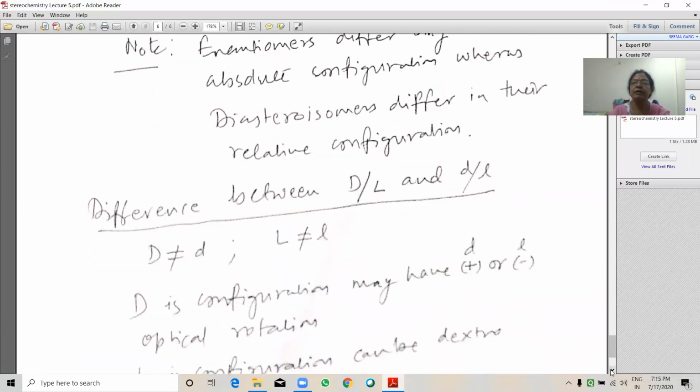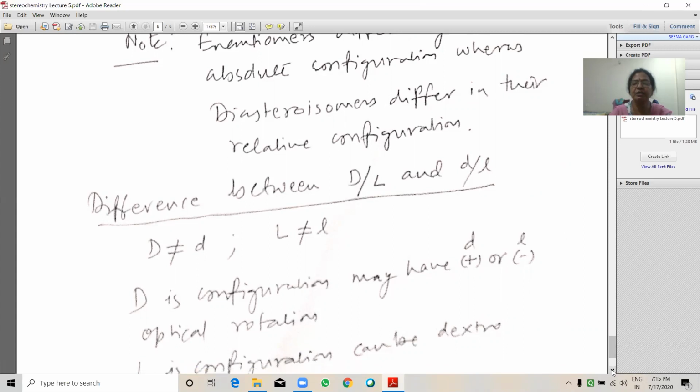Difference between capital D and capital L and small d, small l. Capital D is not equivalent to small d, whereas capital L is not equivalent to small l. A capital D configuration may have dextro or levorotatory optical rotation.